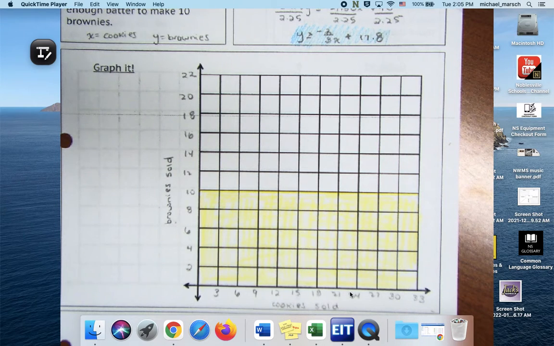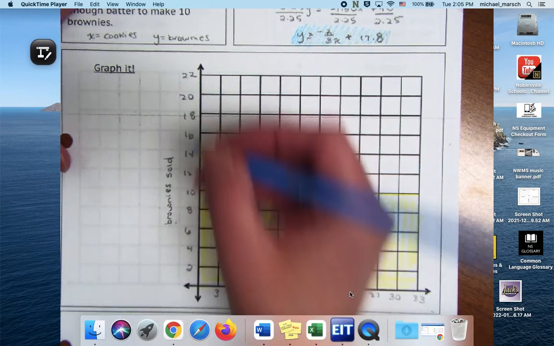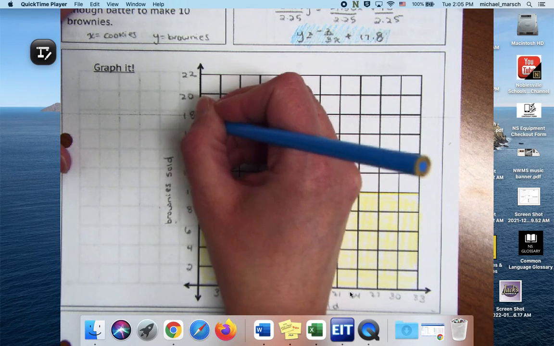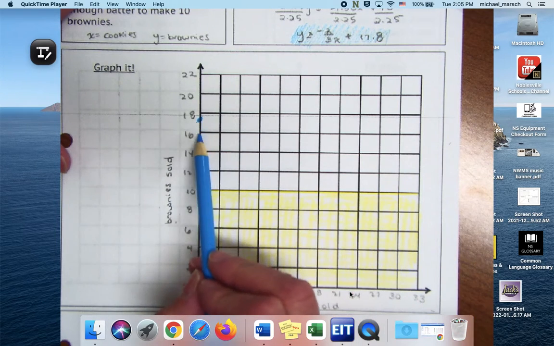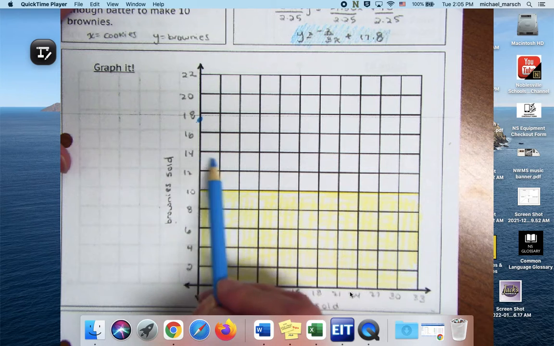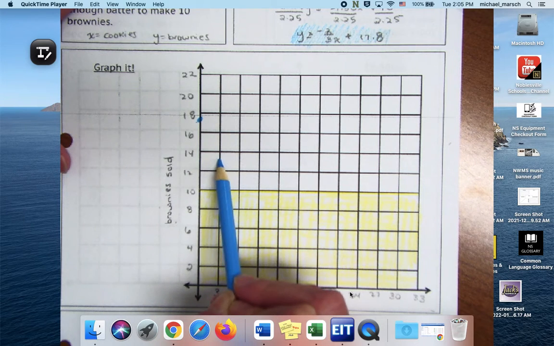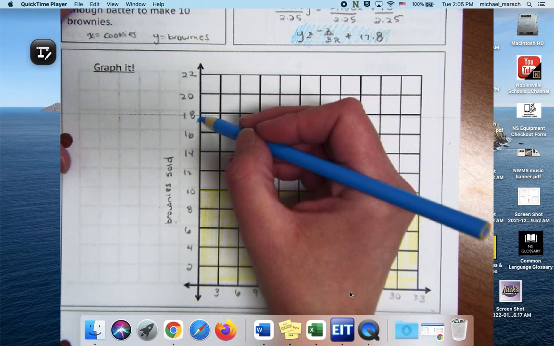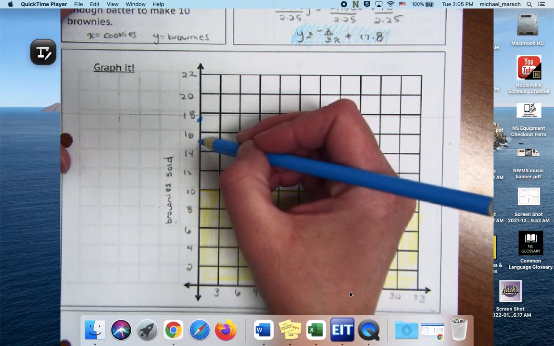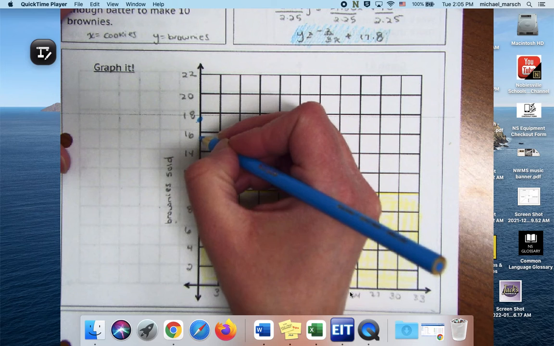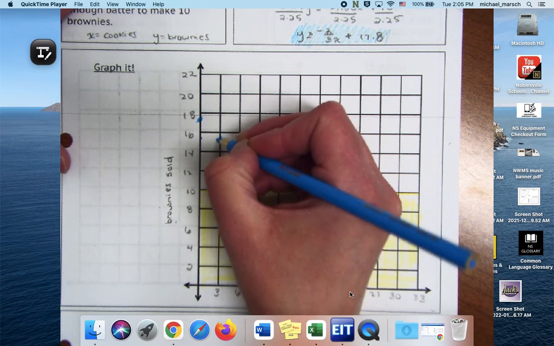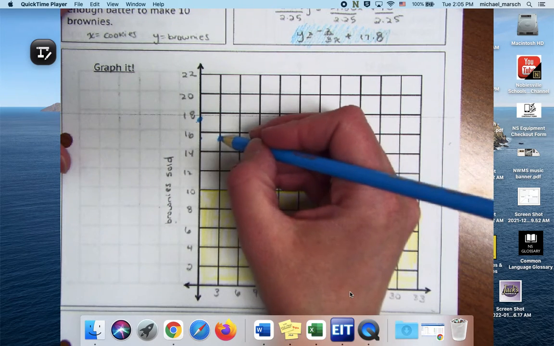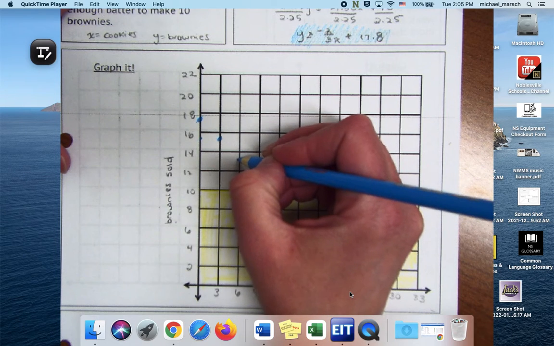And then for the other line, we've got 17.8. So I'm going to put that right about here. And I'm going to go down 2 over 3. So down 2 would be down to 15.8. And then over 3. Down to 13.8 over 3.